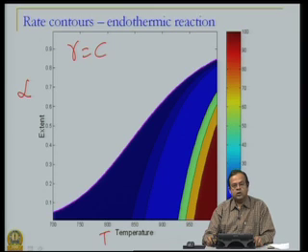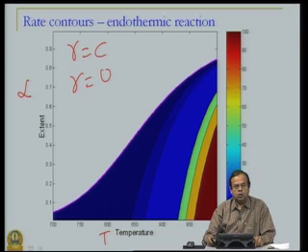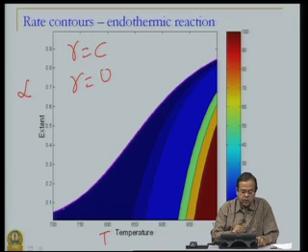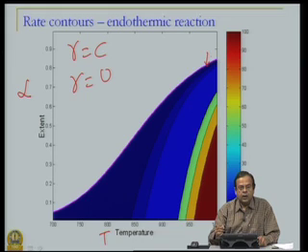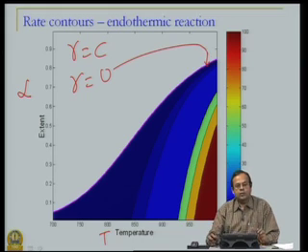The first contour that we can construct is the simplest one, which says that R is 0. What is R equal to 0? R is 0 when the reaction has reached equilibrium, and that contour is shown in this violet line, the topmost line over here, which is a contour for R equal to 0, that is our equilibrium line.